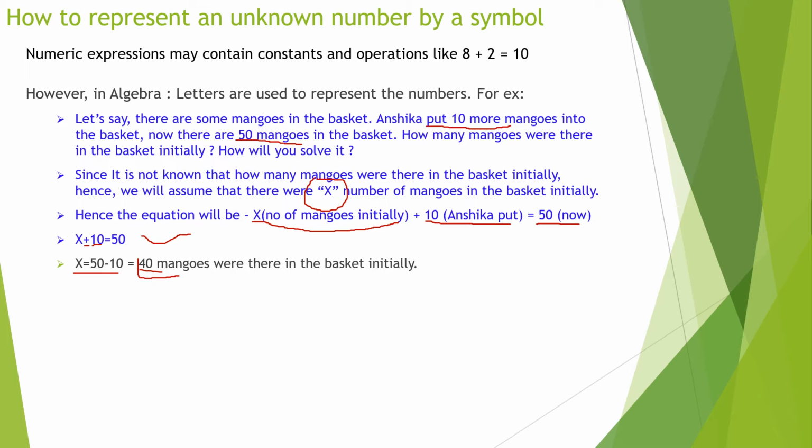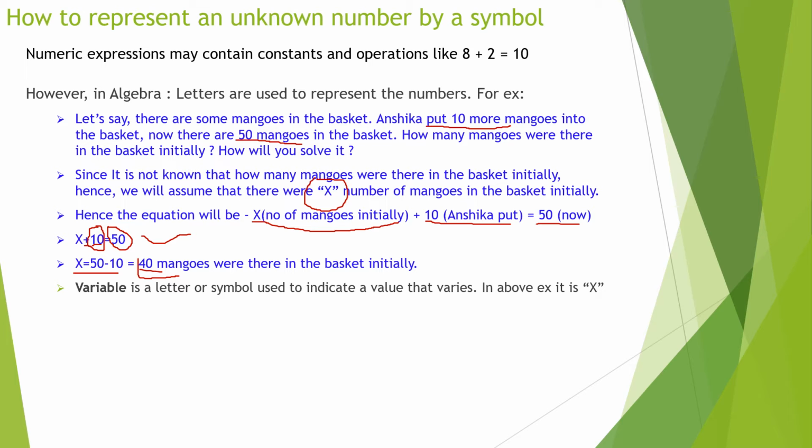You will be able to see that these numeric values are generally called constants. All numeric values, 1 2 3 4 5 6 7 8, are called constant values.